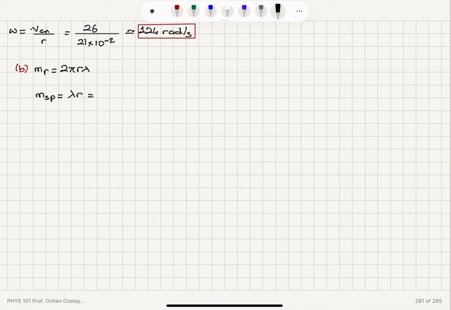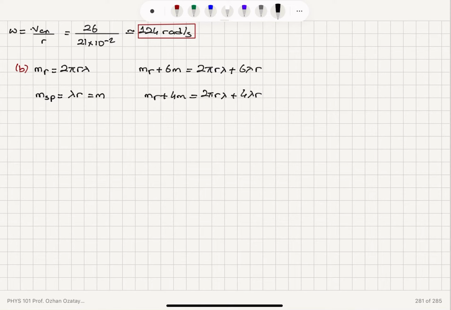So this is what I called m in my calculation. So the mass of the rim plus 6m would be 2 pi r lambda plus 6 lambda r, and the mass of the rim plus 4m would be 2 pi r lambda plus 4 lambda r.